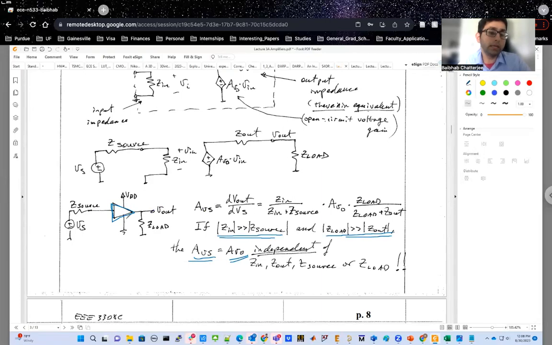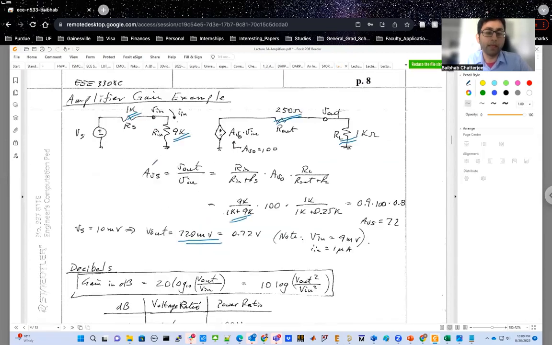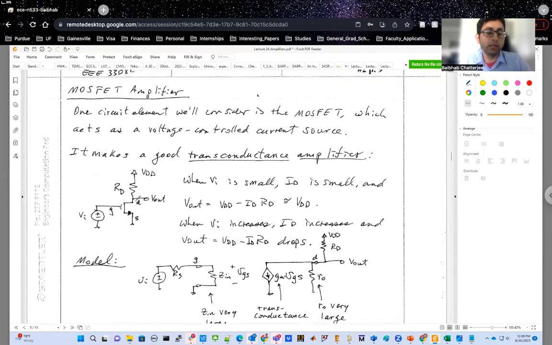Now, what is there inside this op-amp? What is there inside this amplifier? There could be multiple different things, and toward the end of the course, we'll see what is actually there inside the op-amp. But in this case, we can just assume that there could be a very simple implementation of this amplifier, of this triangular black box.